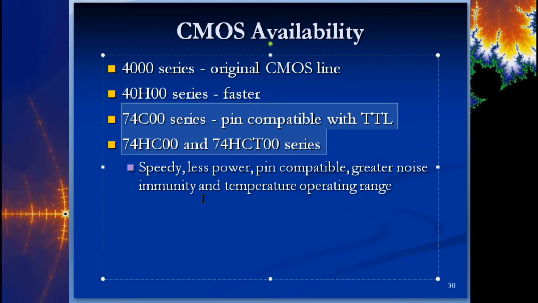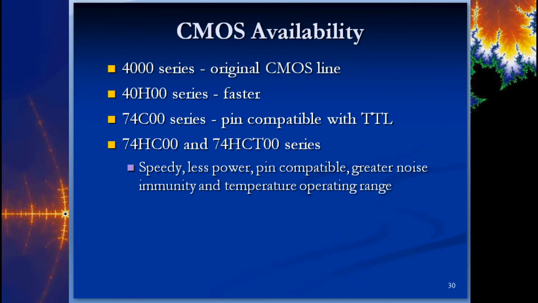So they are pin compatible, and I believe they have the same operating characteristics that allow them to play nicely with other TTL chips. But if it's 4000 series, that's the original CMOS line, and if you want to go between the 4000s and the 7400 series of the TTL, then that's what you have to do.